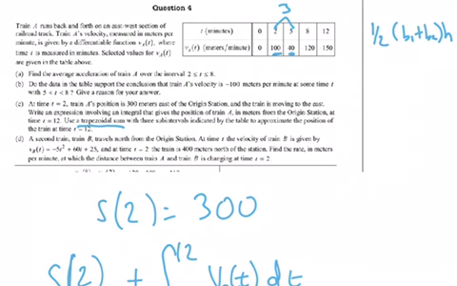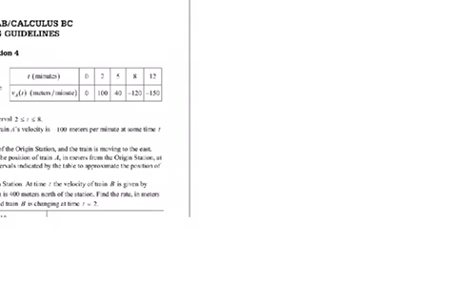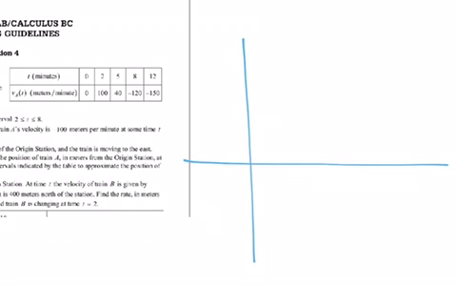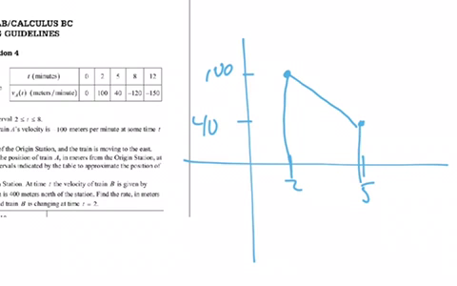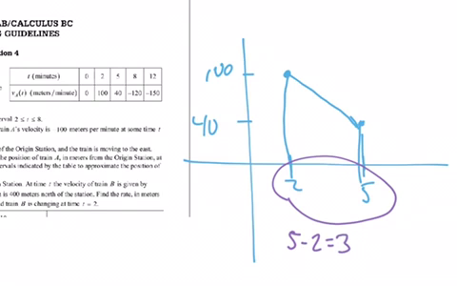Let me be clear: if I draw this picture, at 2 it's 100, and at 5 it's 40. This is my trapezoid. I'm taking the difference, 5 minus 2, so this distance is 3. I'm going to label this as my height.